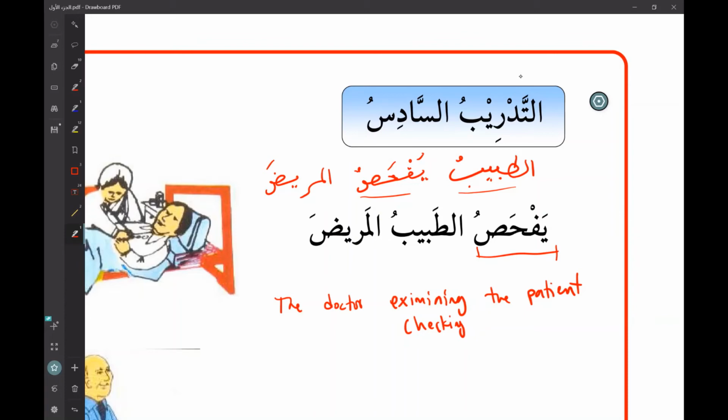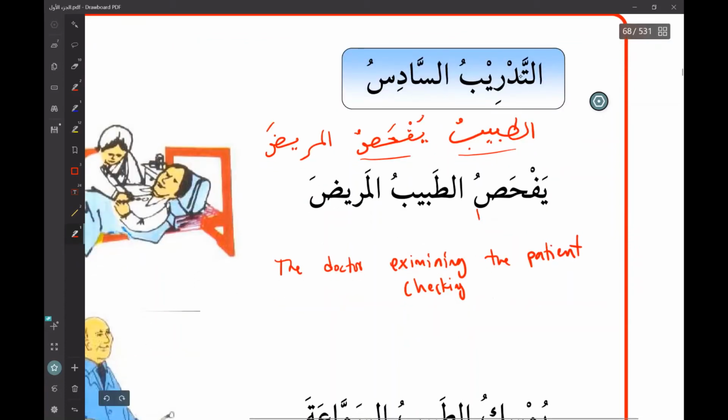So if we translate this one, يفحص الطبيب المريض, it would mean exactly the same thing. We would translate it exactly the same way. So when we translate both of these sentences, it means the same thing in English: الطبيب يفحص المريض or يفحص الطبيب المريض. Both of them mean the doctor examining the patient.